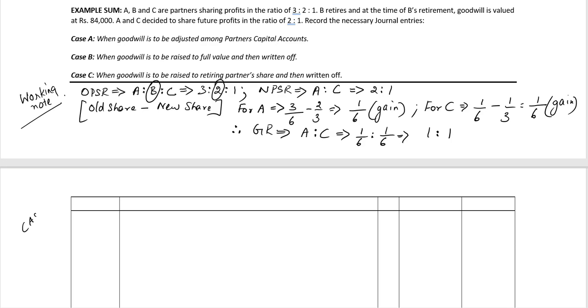Case C, journal, date, particulars, LF number, debit rupees and credit rupees.